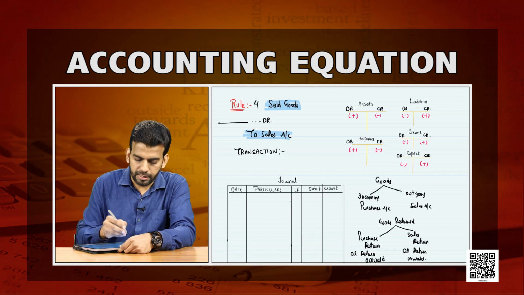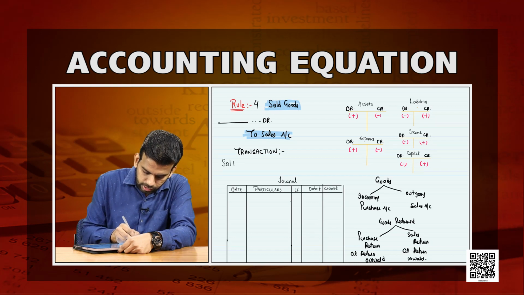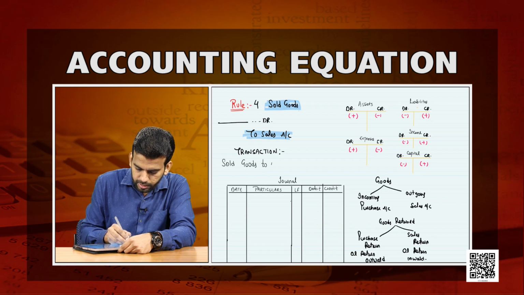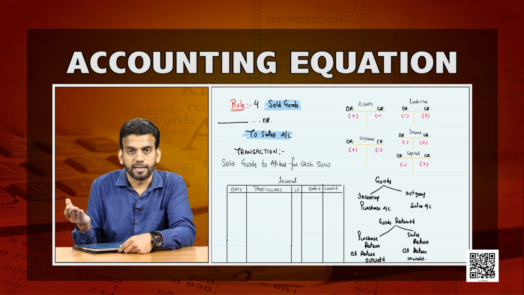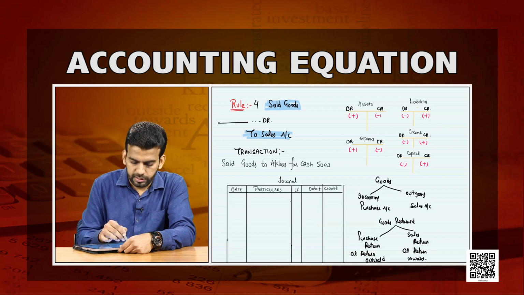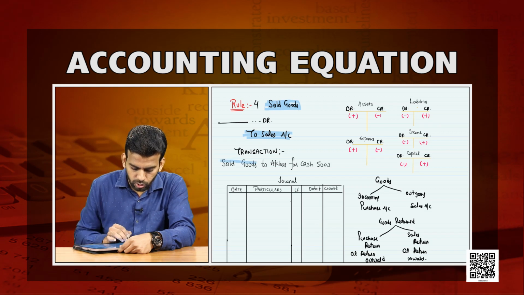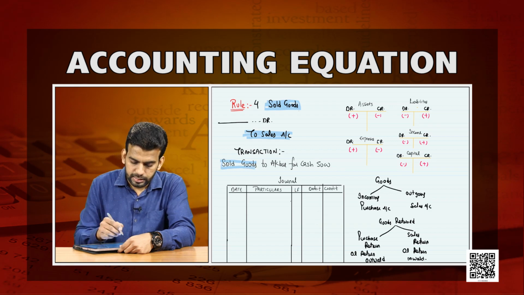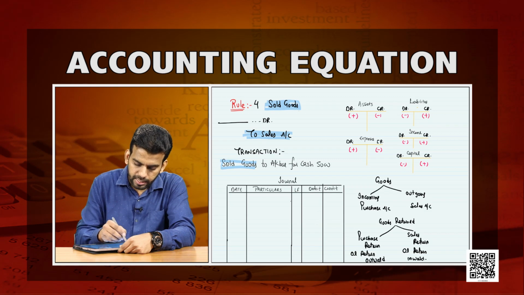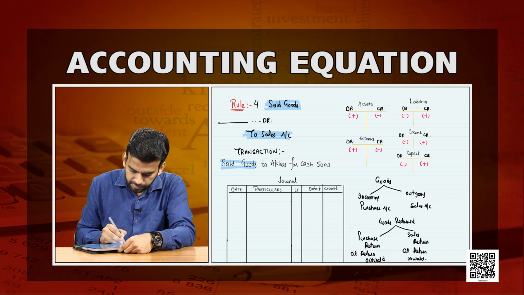The next example is sold goods to Akbar for cash. I sold goods to Akbar for cash. Here, the same rule is going to be applied. Whenever we find the words sold goods, the rule says simply credit sales, that means to sales account.